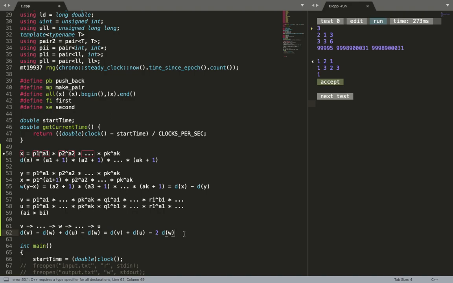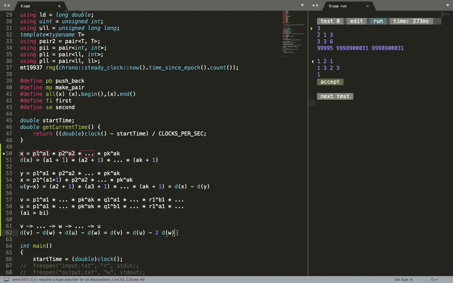The induction will be on the length of this shortest path. It is true for 0 length. So if v and u coincide, then this is 0. And it is true for our edges, because v and u differ in one prime.